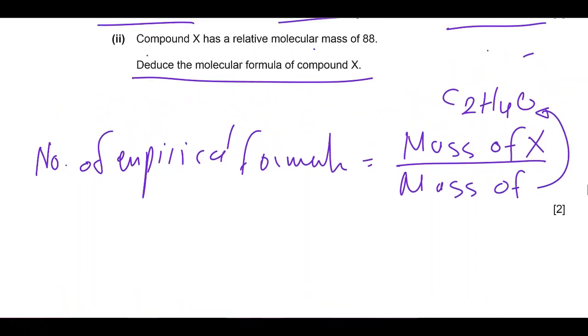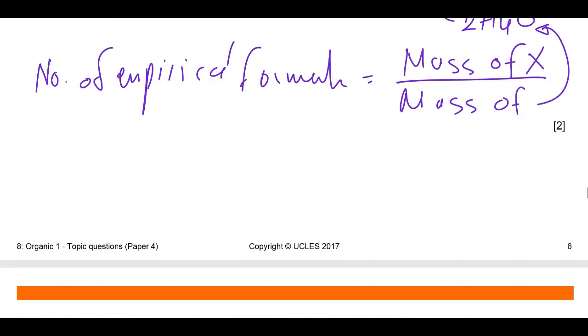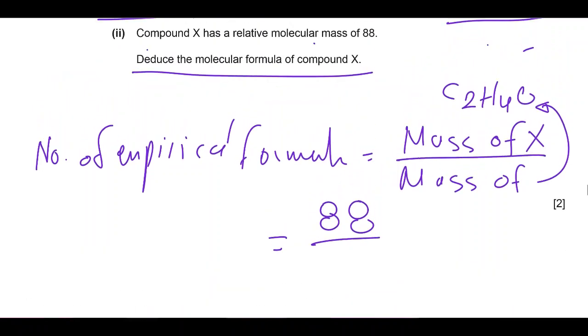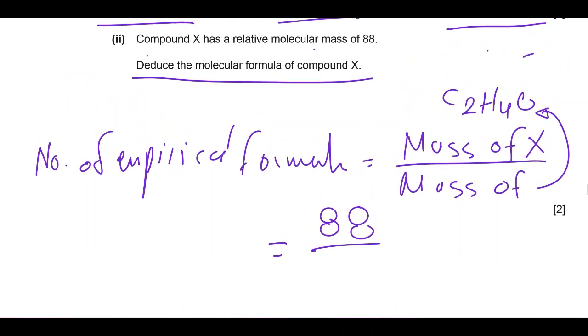The mass of X is 88, and for the empirical formula, you have 2 carbons, so 24, and 4 hydrogen, it's 4, and 1 oxygen, which is 16. So here you have equal 44, the mass of the empirical formula is 44.